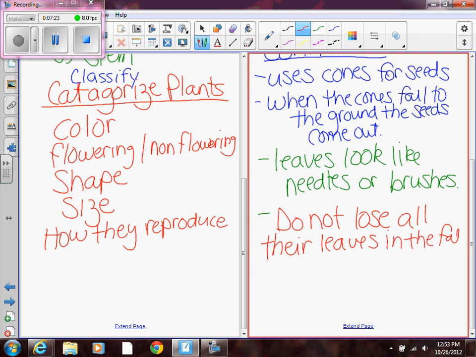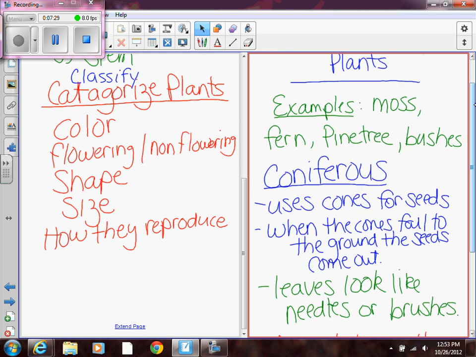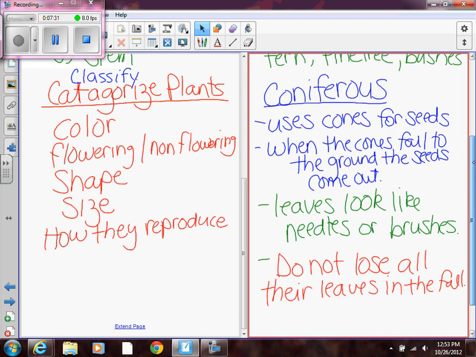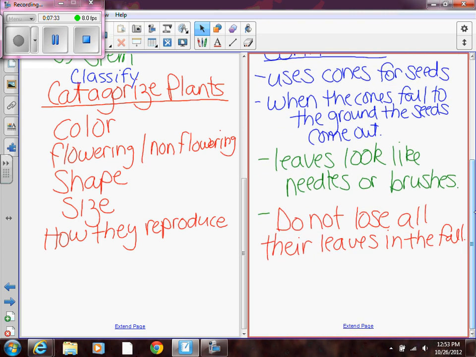And what's an example we talked about, even up here, of a coniferous plant? Mason, what is an example? Owen, do you know a type of coniferous tree?